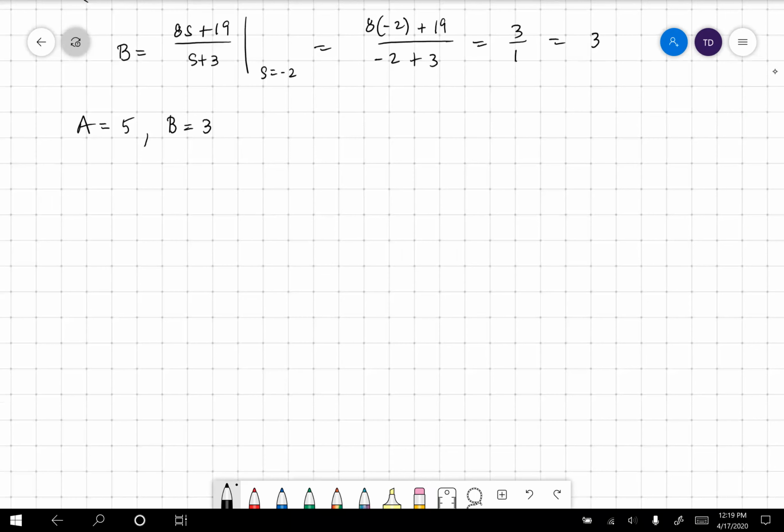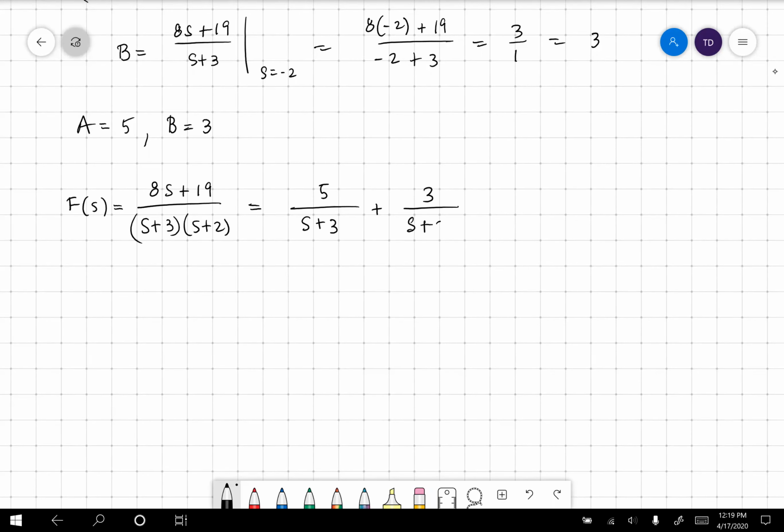I claim that therefore f of s, which was equal to (8s plus 19) over (s plus 3)(s plus 2), is equal to 5 over s plus 3 plus 3 over s plus 2. That's what I claim in partial fraction expansion.